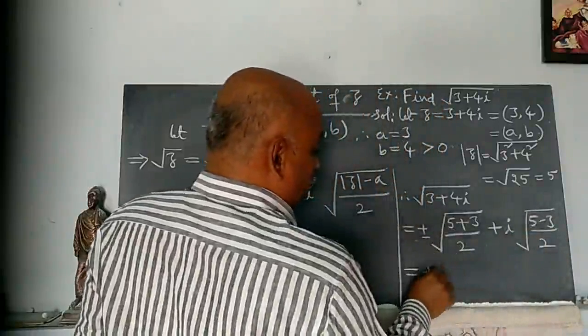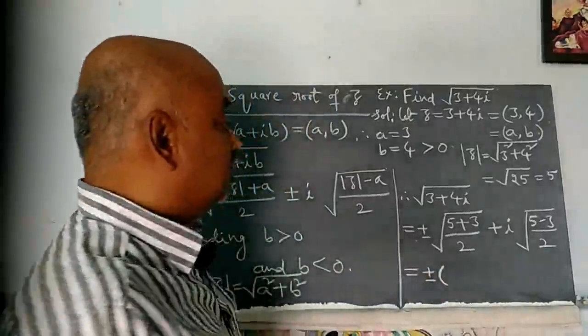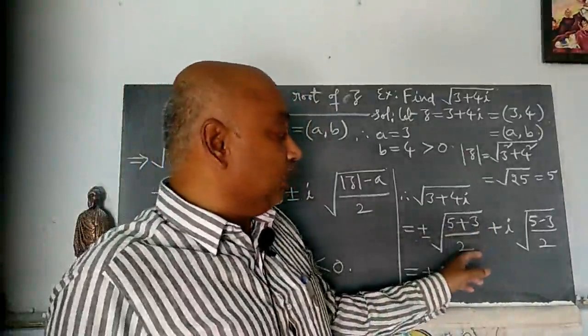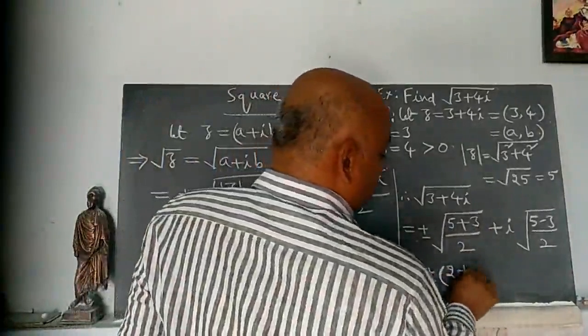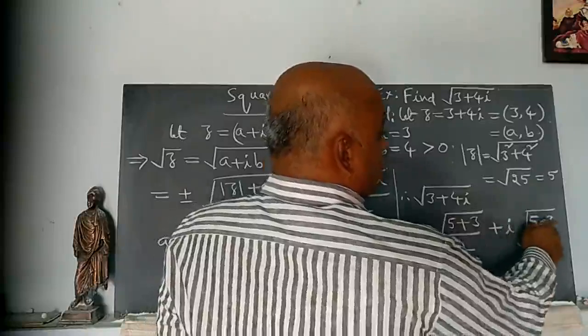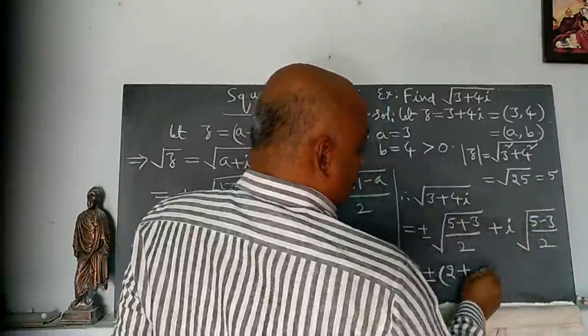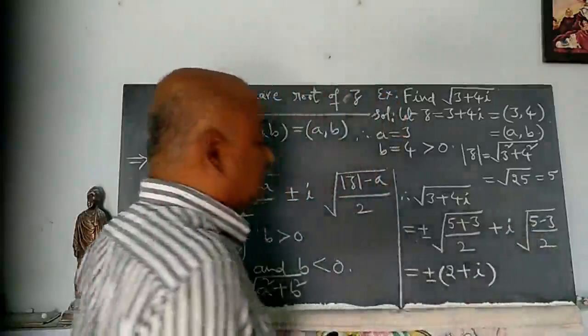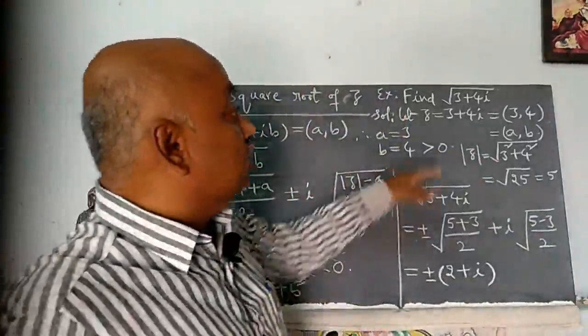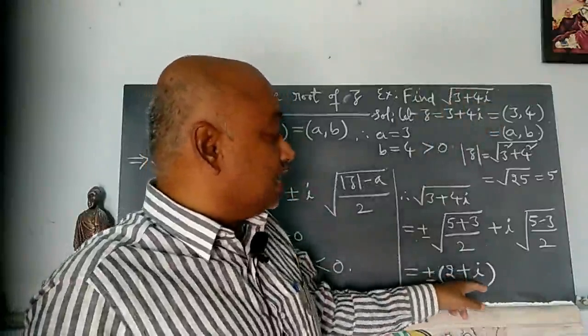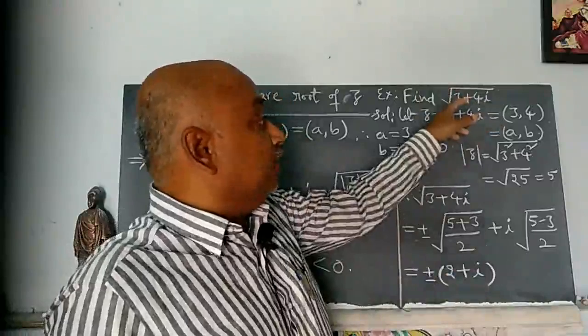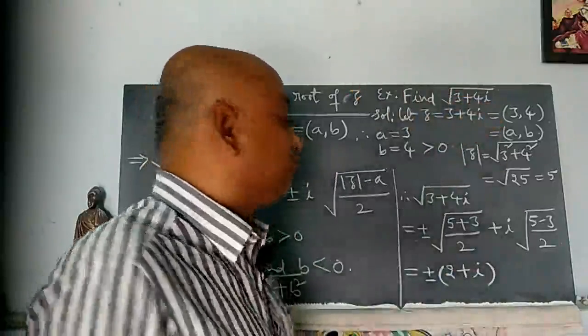This is plus or minus [5 plus 3 is 8, 8 by 2 is 4, root 4 is 2, plus 5 minus 3 is 2, 2 by 2 is 1, root 1 is 1, so i]. So plus or minus (2 plus i) is the square root of 3 plus 4i.